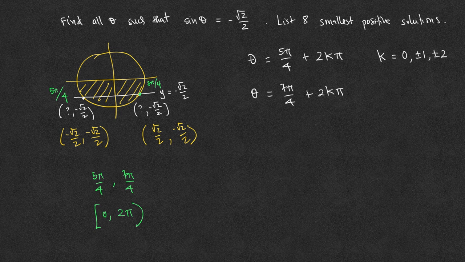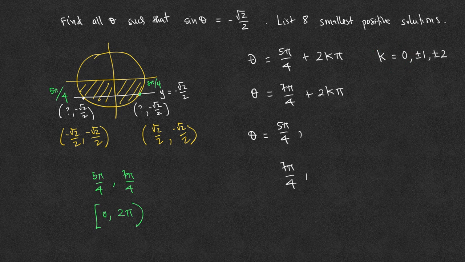If we want the 8 smallest positive solutions, then we simply add 2 pi each time. Theta equals, the first positive solutions are 5 pi over 4 and 7 pi over 4. These two solutions are in the initial rotation or period when k equals 0.